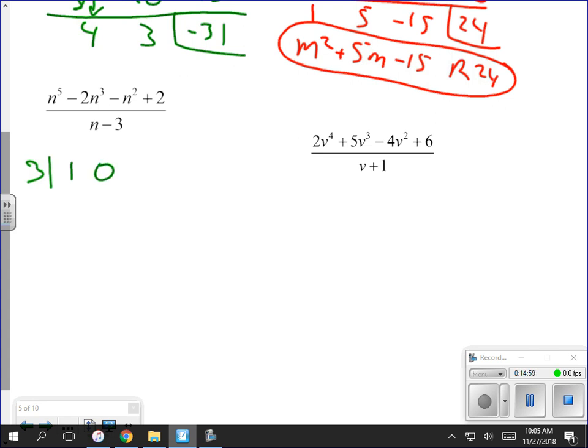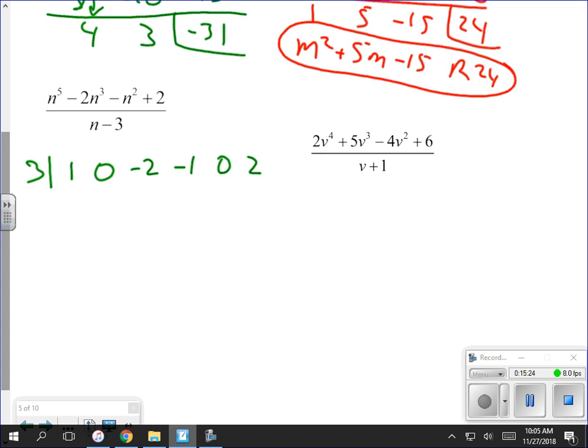I have to have a place marker, just like I did on the previous problem. If you're missing a power, you have to put a 0 down for it. So I have n to the fifth, 0 n to the fourth, minus 2n cubed, minus 1n squared, 0 n's, plus 2.